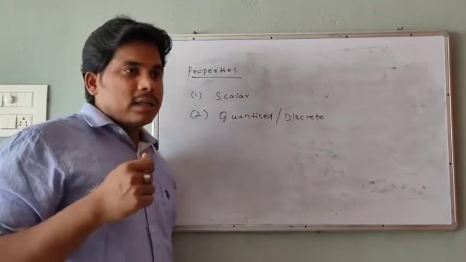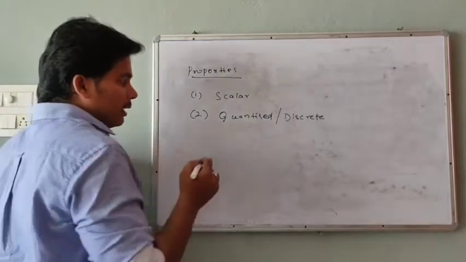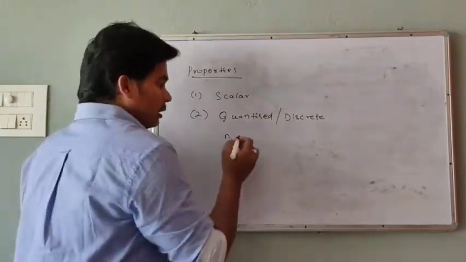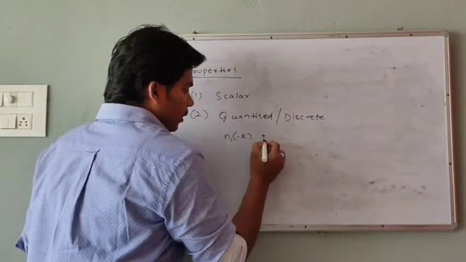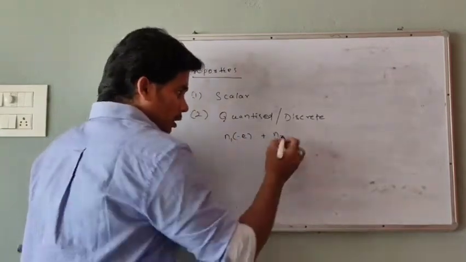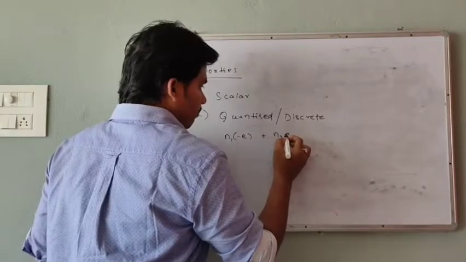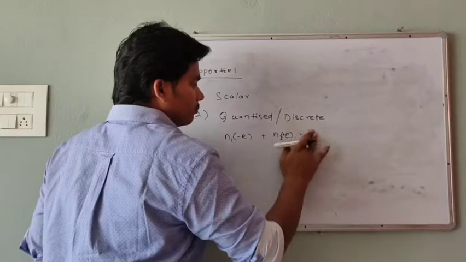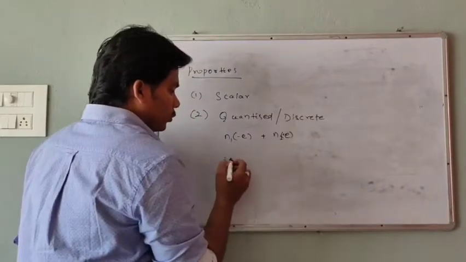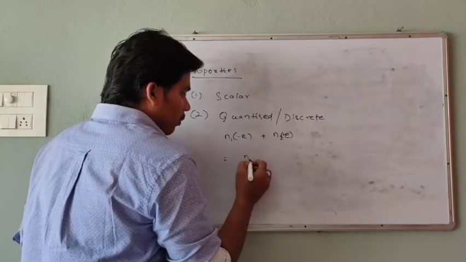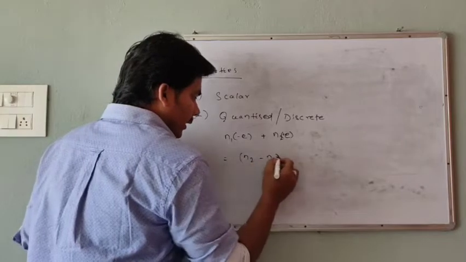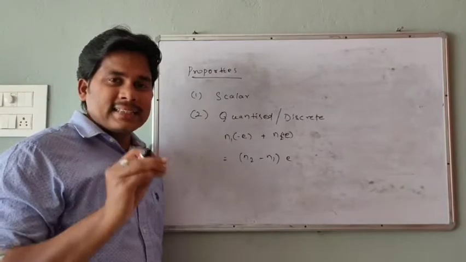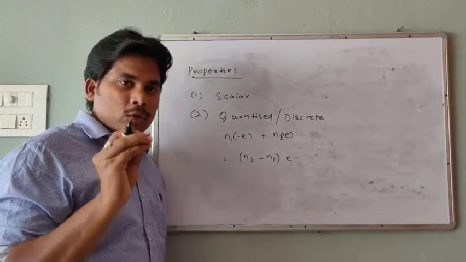Then what will happen? The total charge of a body is the sum: if N1 is the number of electrons and N2 is the number of protons, then the total charge is N2 minus N1 into E. This is the total charge of any metal. But it is seen that there is no such case as a fractional value.